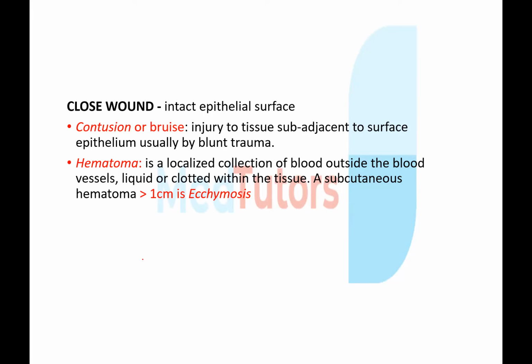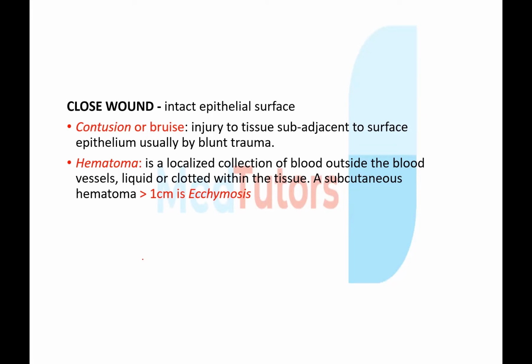Bruise and contusion are one and the same thing. It is injury to tissue subepithelial to the surface epithelium, usually from blunt trauma. So when there's a blunt trauma and disruption of microvessels in the subepithelial region leading to bleeding, this is called bruise or contusion.